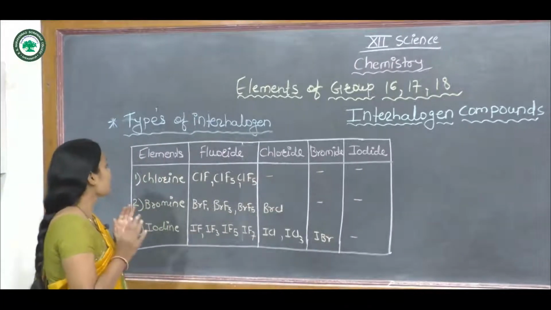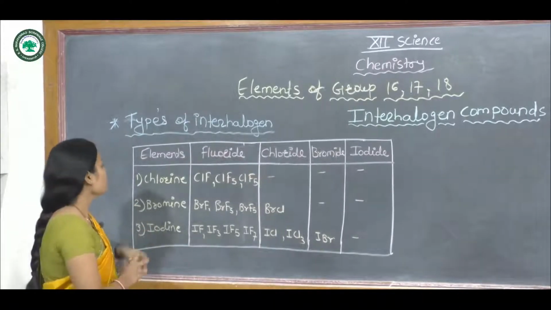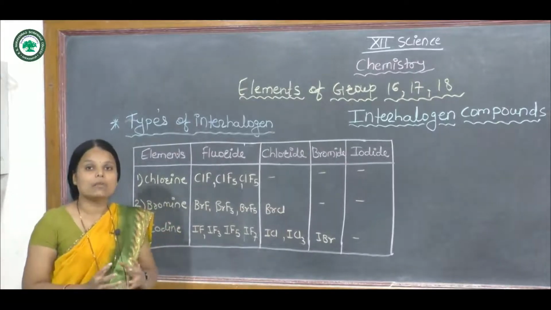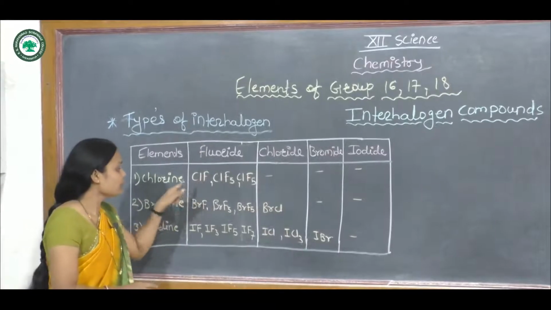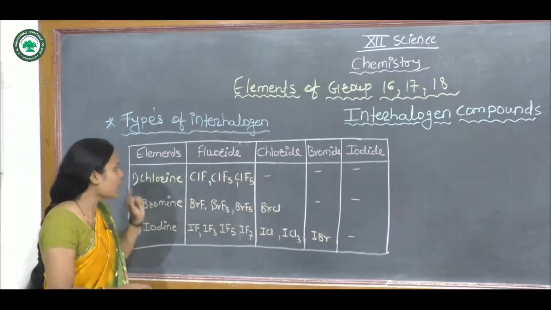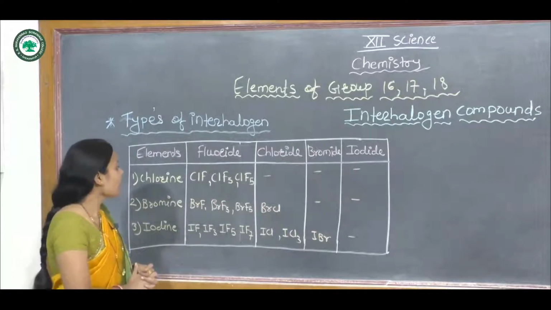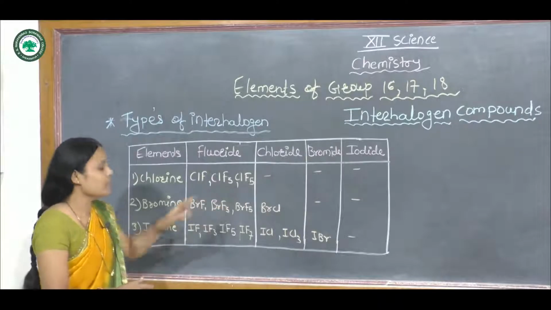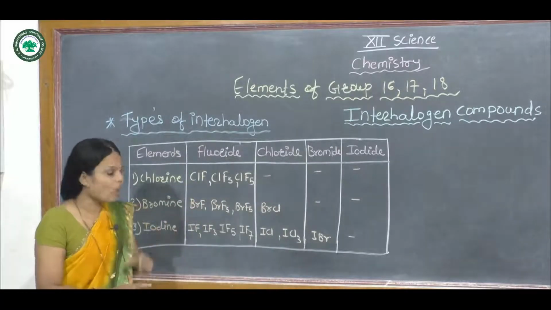The first interhalogen compound is ClF. Chlorine reacts with a fluorine atom and forms chlorine fluoride, ClF. Then ClF3 means chlorine trifluoride.